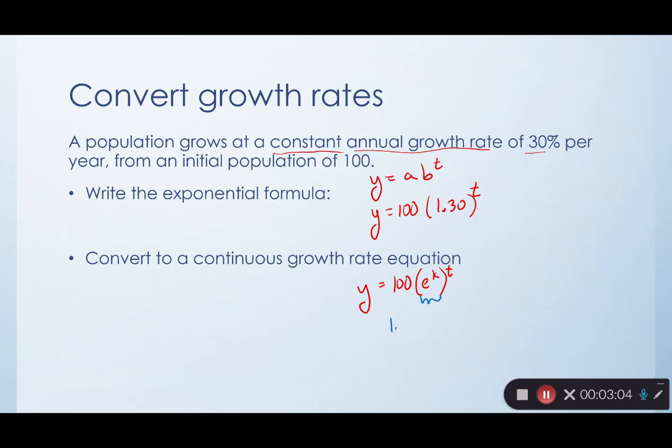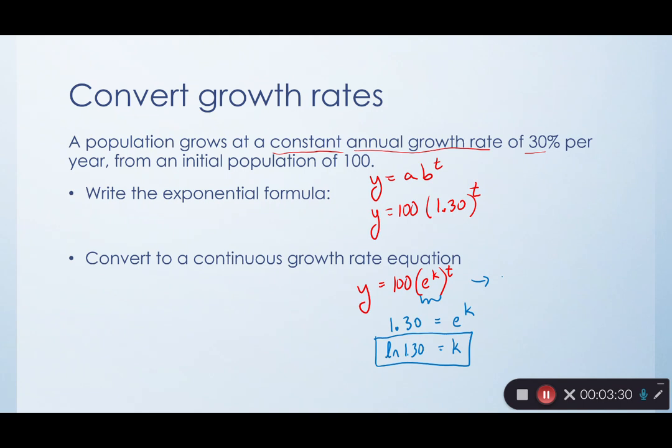So we have our b of 1.3 that we want to be expressed as e to the k, and we just need to find, hey, what is that k? Well, we're going to take the log of both sides. So we've got k ln of e, which is 1. So we've got our k right there.